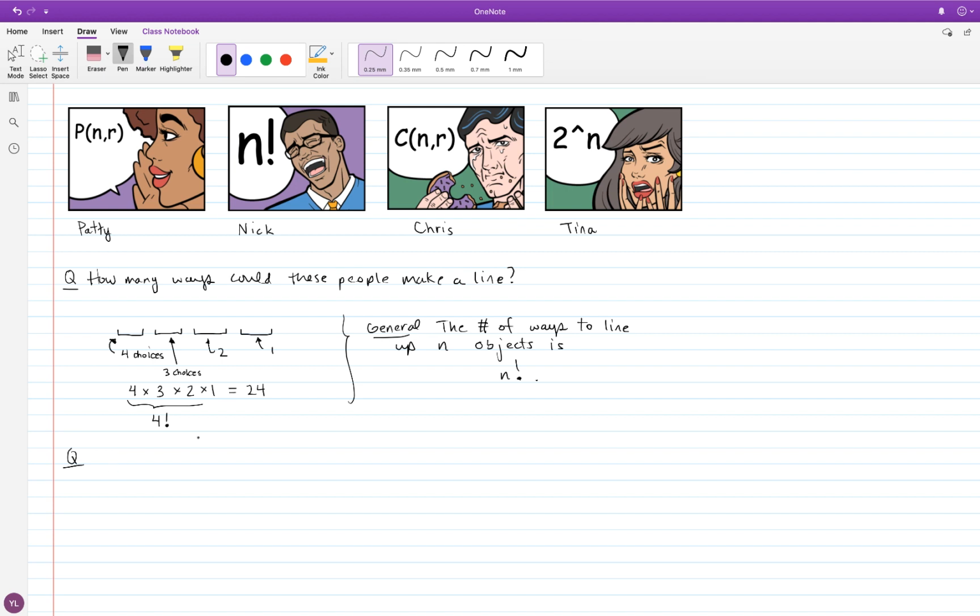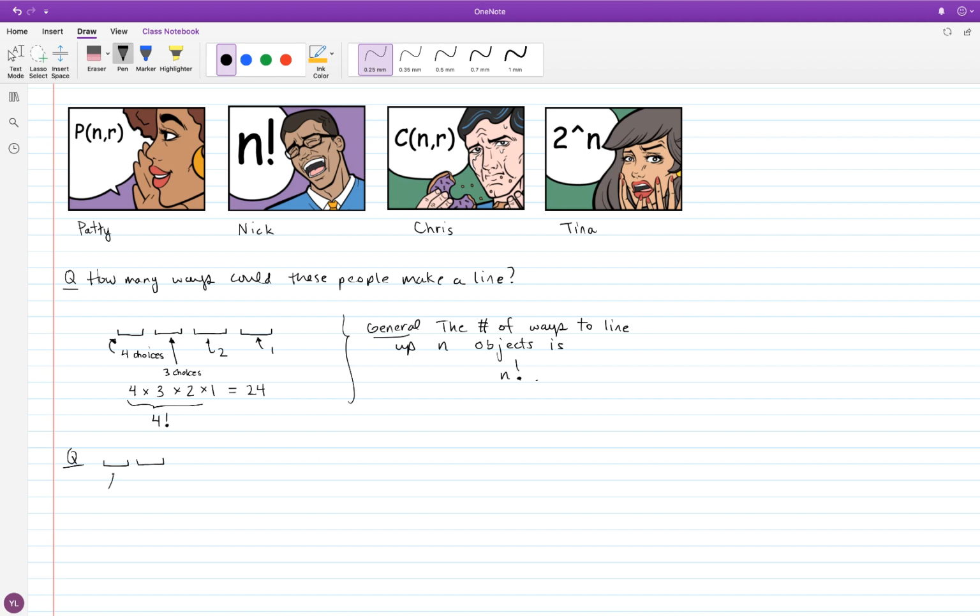So supposing I chose Nick and Tina to serve, then maybe Nick would be chosen as the president and Tina as the vice president. Or maybe Tina would be the president and Nick the vice president. So there are 2 ideas here that I have to take into account. I have to select 2 people and then put them in order. But if I go through the same decision process as above, I get all of that sorted out.